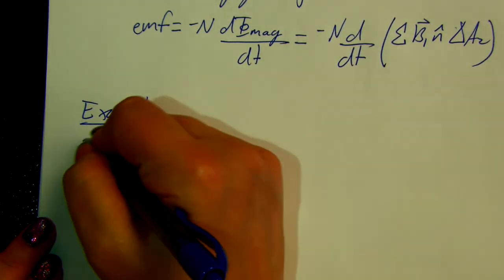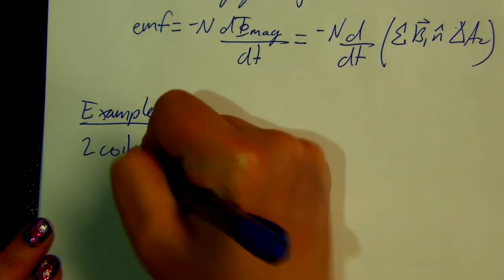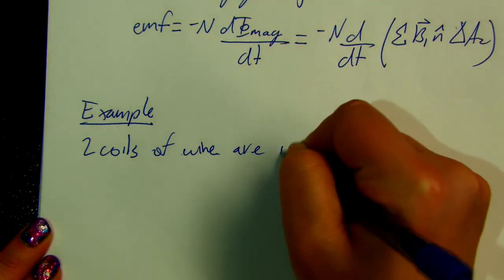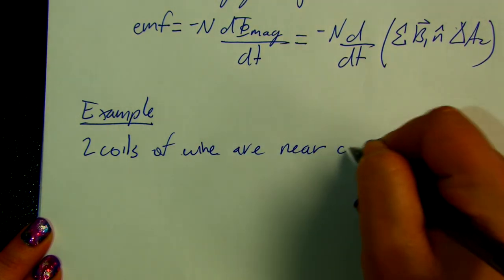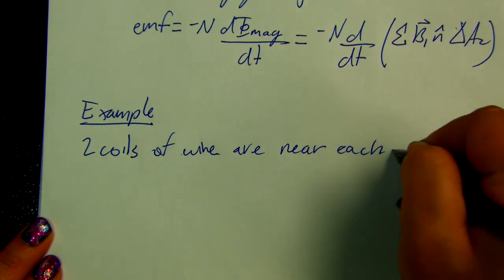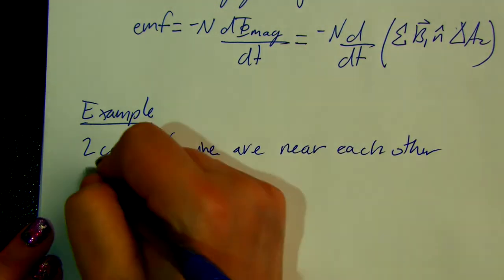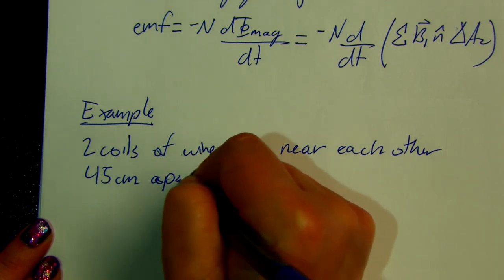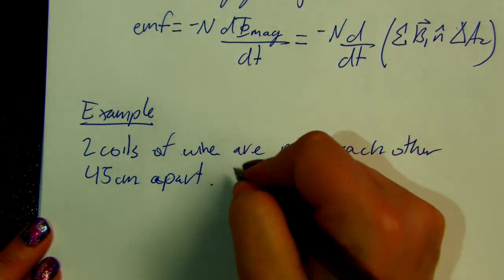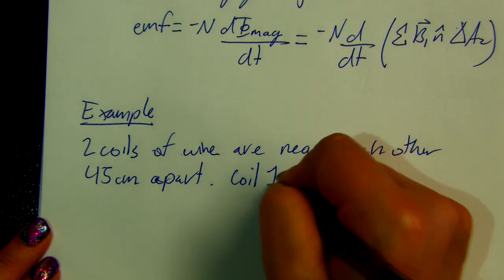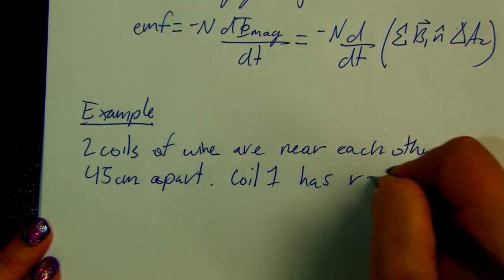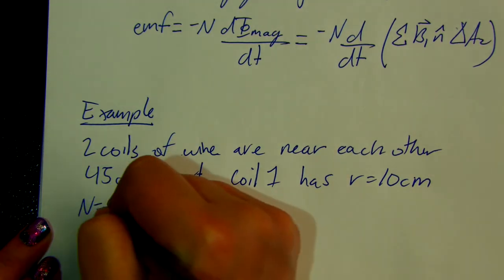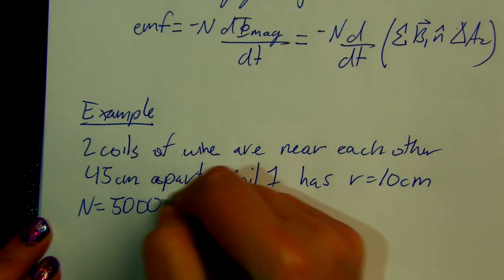We have two coils of wire near each other, 45 centimeters apart. Coil 1 has a radius of 10 centimeters and 5,000 turns.